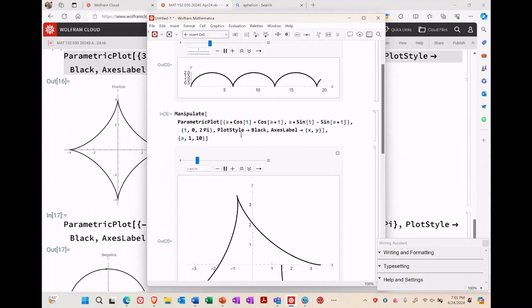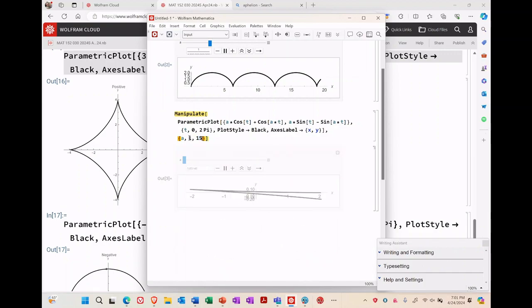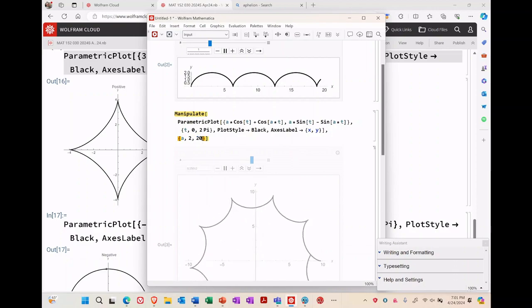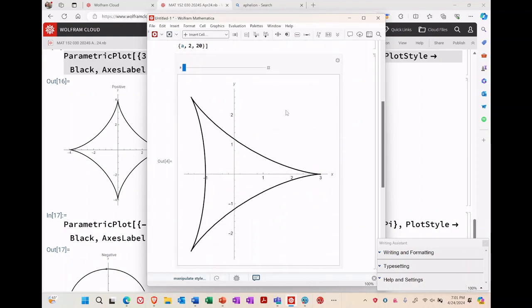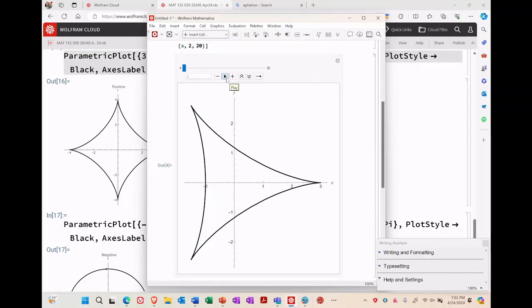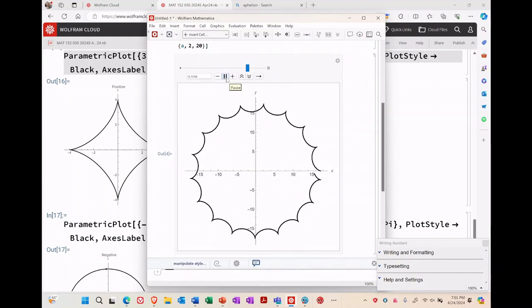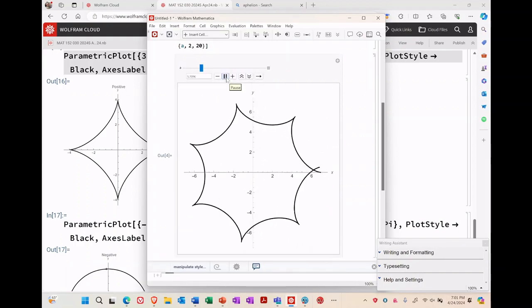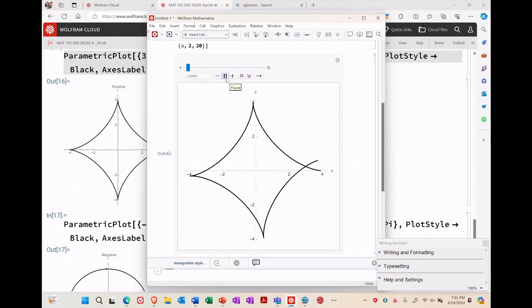Let's go even further out. Say 15, and I don't actually want to start at 1, I want to start at 2. Let's make it interesting, 20. You kind of see the general pattern on what's happening.